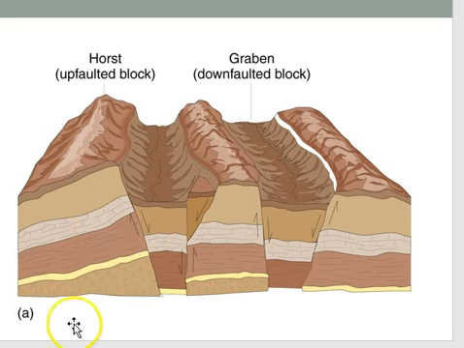So as this block of earth is being stretched east and west, you get sections of the landscape that drop down, and you can see the displacement.